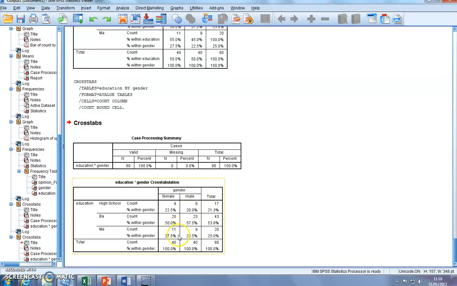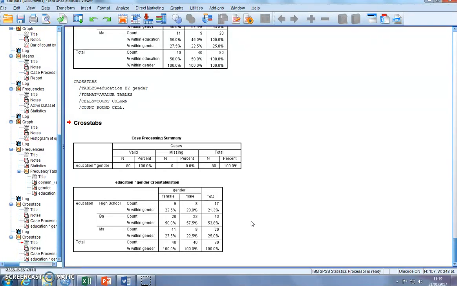So for instance, you want to know which group has more people in the master group, then you can see that females, women, relatively speaking, have more people in the master group than men. There you go. I'm not giving a value judgment on this, it's just data that you can interpret.